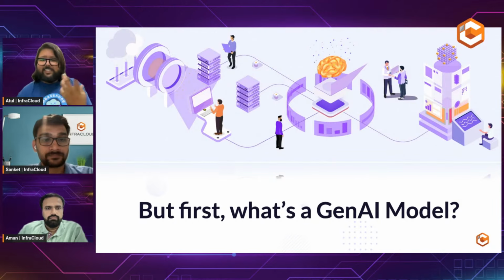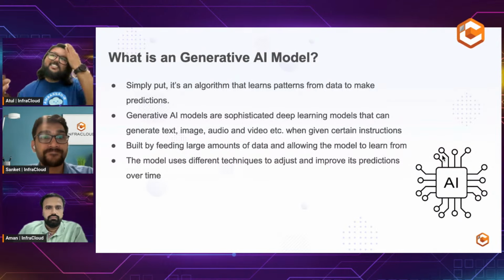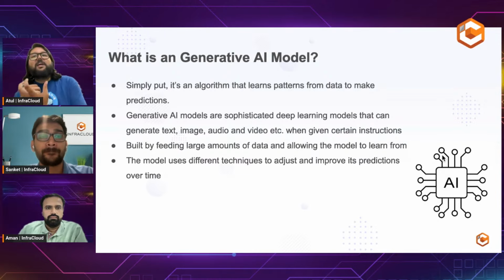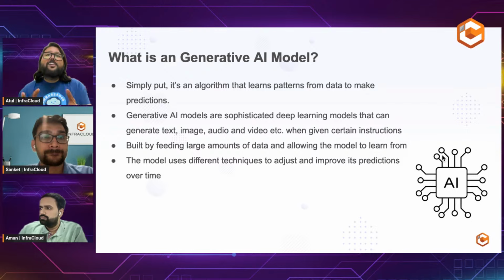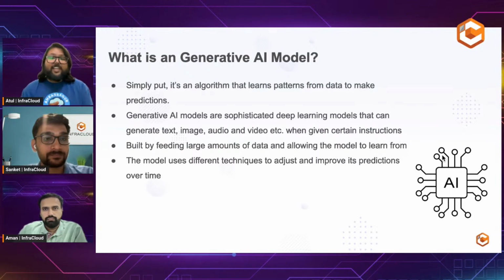That could be text, code, or even images or videos in more advanced models. So what is a generative AI model? It's basically an algorithm that learns patterns from data to make predictions. Your model is typically an algorithm that is trained with a lot of data from different sources. Based on that, it learns to identify patterns to make predictions.